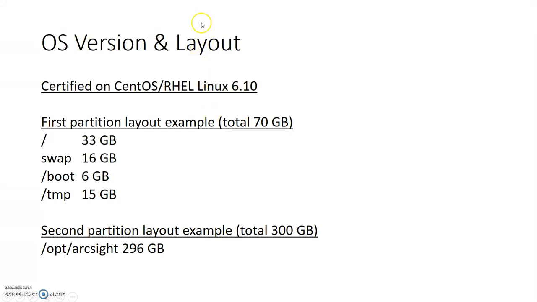So this version of Software Logger is certified on CentOS or Red Hat Enterprise Linux version 6.10. Actually, what I have now is 6.5. We'll make the installation with 6.5, and then we can upgrade to 6.10 using the yum command.